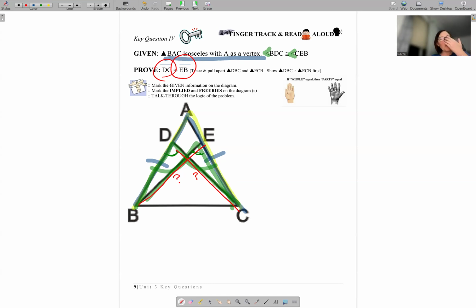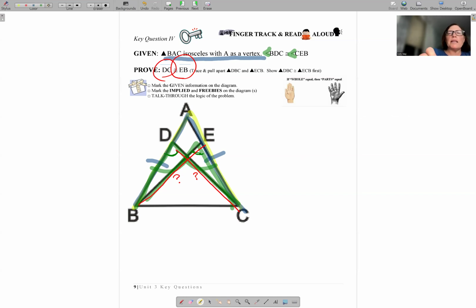Now, there's no direct way to do that. Isosceles doesn't cover that. But if you do whole equal, you can do parts equal. Whole equal, parts equal.